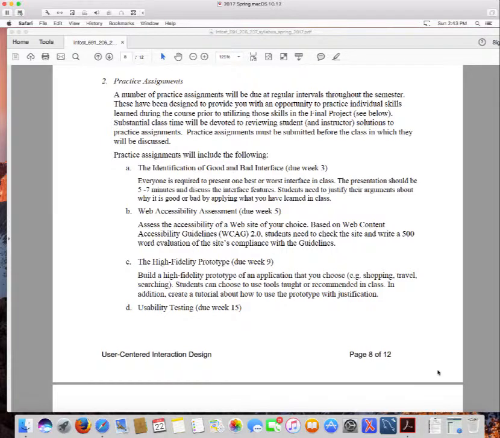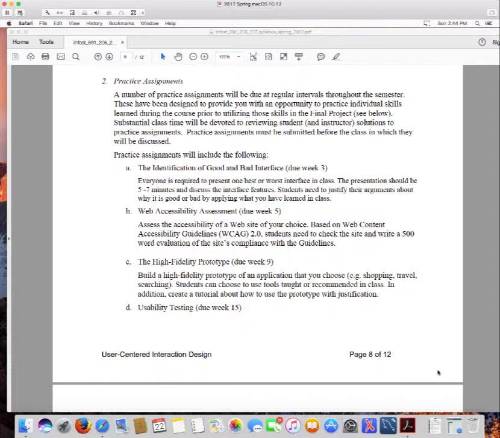Practice assignments. We're going to have a number of assignments that are due throughout the course. Essentially, these are going to be practice for things that we need to put together for our project.